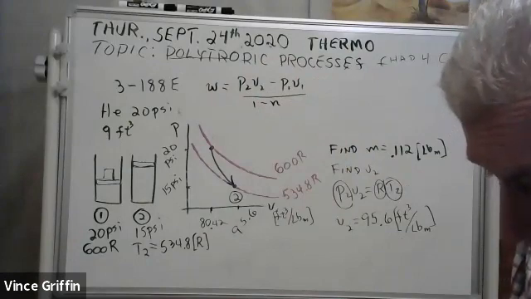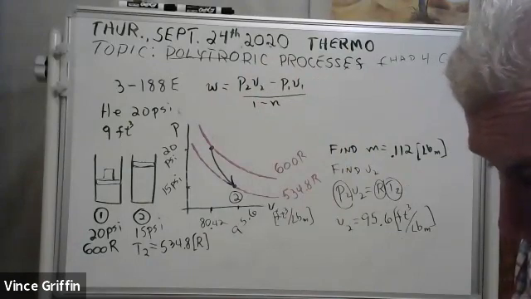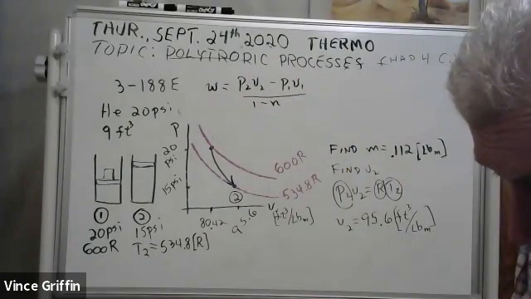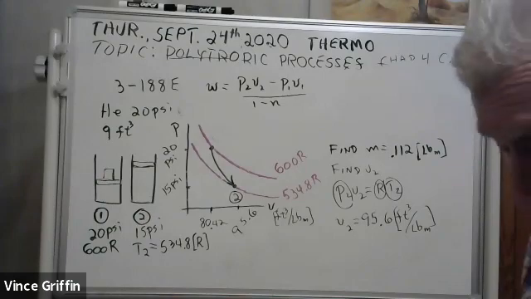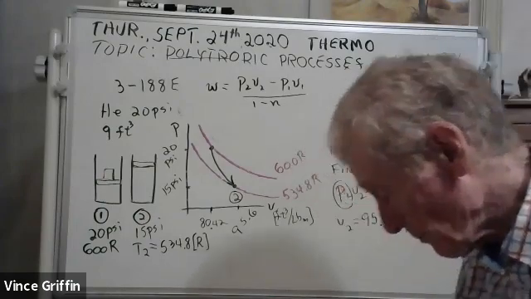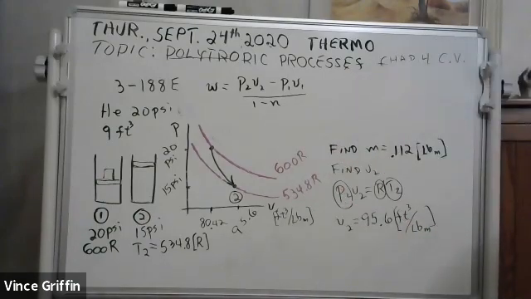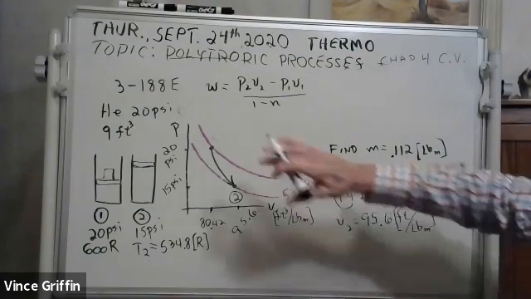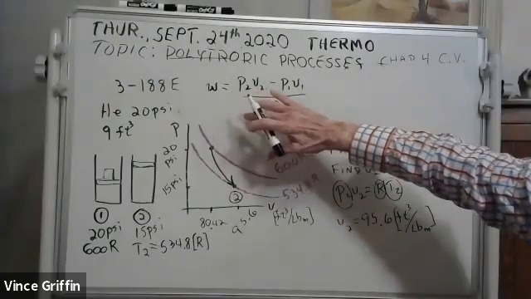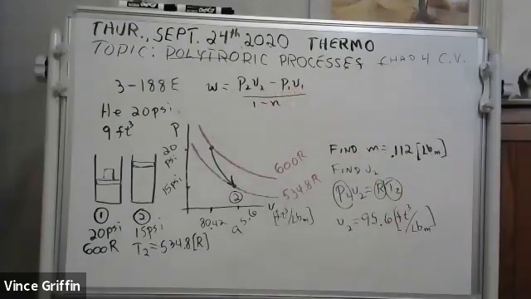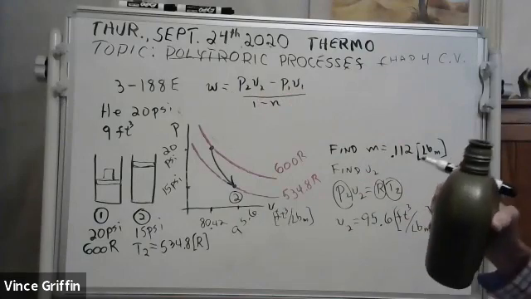I think I showed you where that equation came from. I think we derived it, in fact. If you don't remember, go back and look at the YouTube video. I bet it was last time. Now we have all that. Look, we have P2, V2, P1, V1. We got everything.